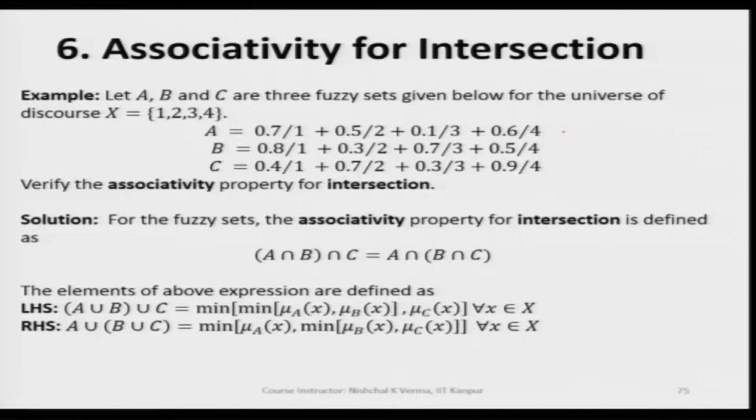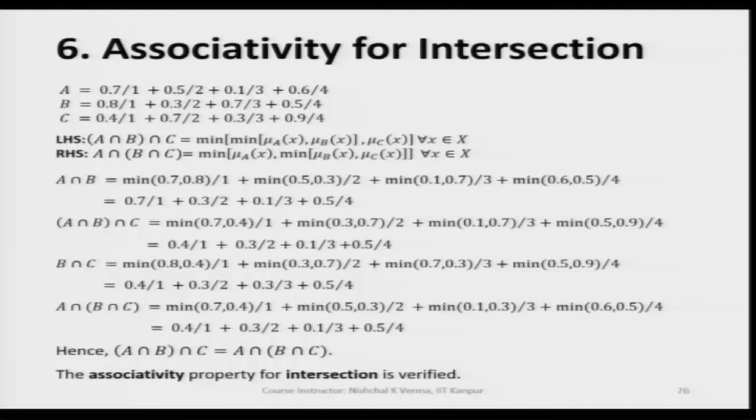Here we have three discrete fuzzy sets A, B and C. I am going directly to the outcome of A intersection B and then the intersection with C. We get a discrete fuzzy set, which is 0.4 oblique 1 plus 0.3 oblique 2 plus 0.1 oblique 3 plus 0.5 oblique 4.